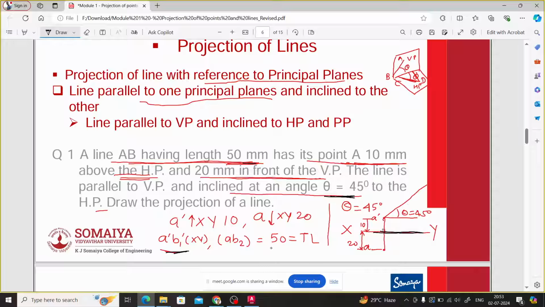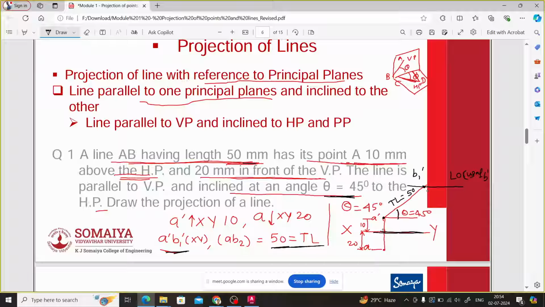And what is the true length in our case? 50. So from A dash, once we take the angle 45, we take the distance equal to 50, and the point we get is B1 dash. From this we draw a line which is called the locus of B dash. Getting this?